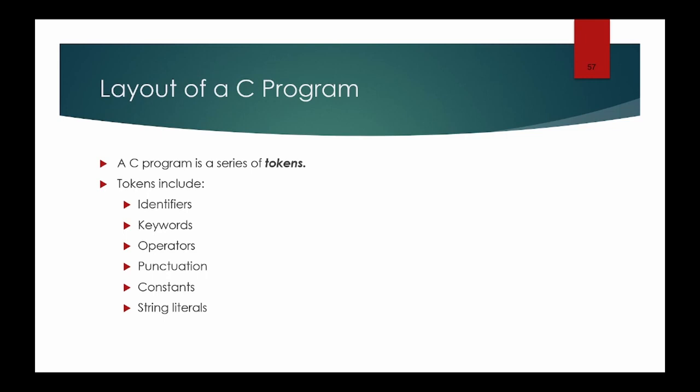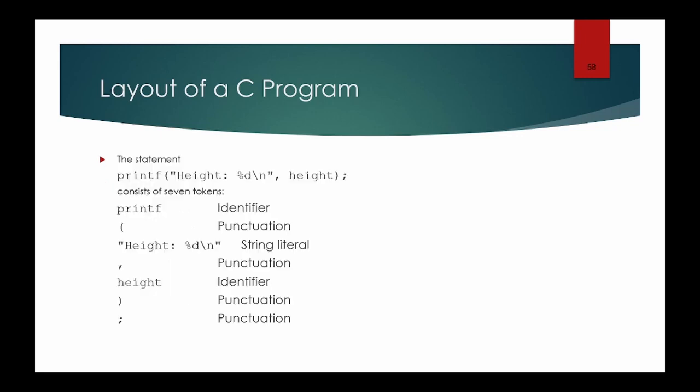So we say that a C program is a series of tokens, and each token is going to be a smaller chunk of the overall program. So it can be an identifier, keyword, operator, punctuation, constant, or string literal. The statement that we used just now, the height, actually has a few different tokens in it, okay? We have the printf, which is the identifier.